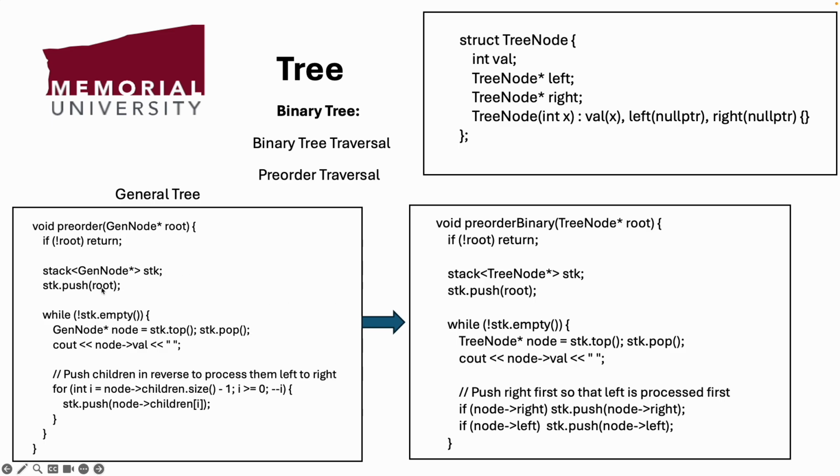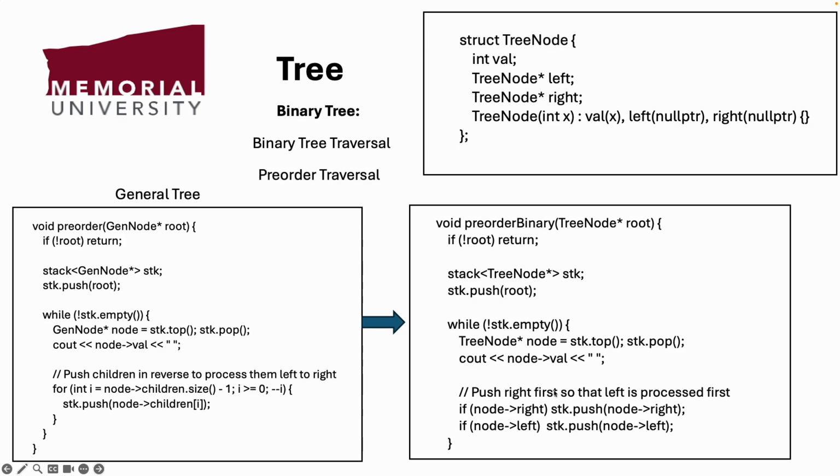Most of it is the same, except we push the children in reverse order so they can be processed from left to right. Instead of pushing all the children, we just push the right and the left.